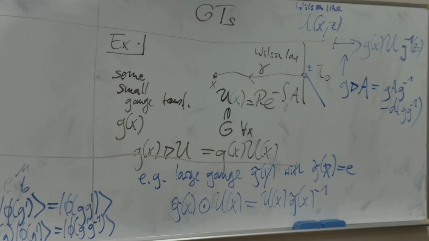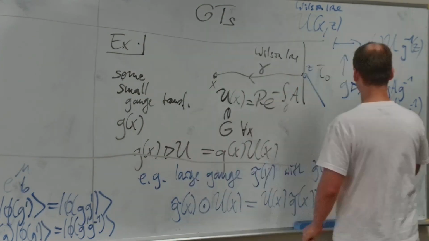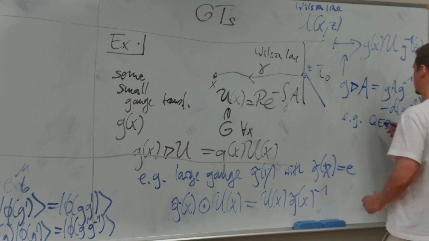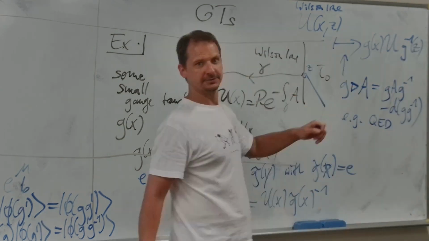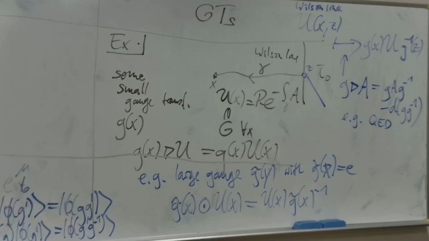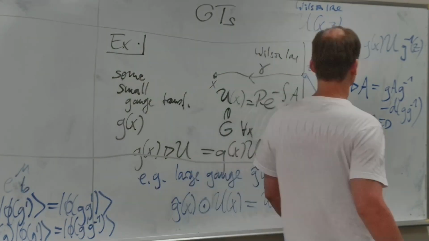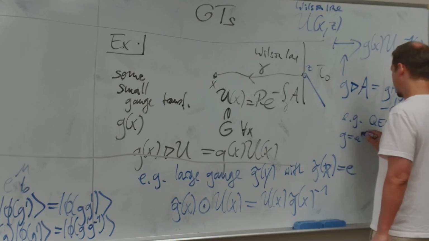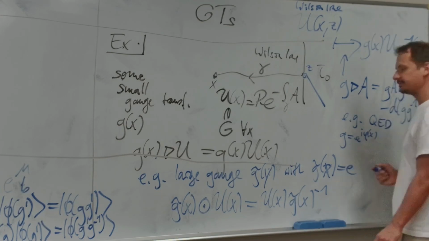So, for instance, in special cases, of course, in QED, you have U1 transformations, so they're commutative. So you would have something like G is e to the i phi of x for some phase.